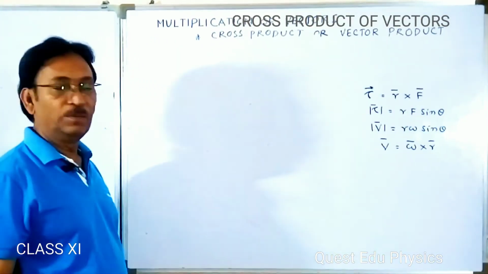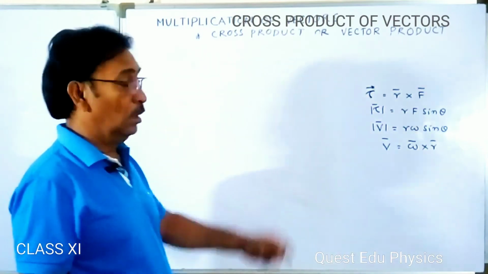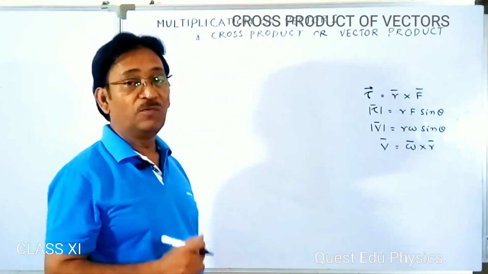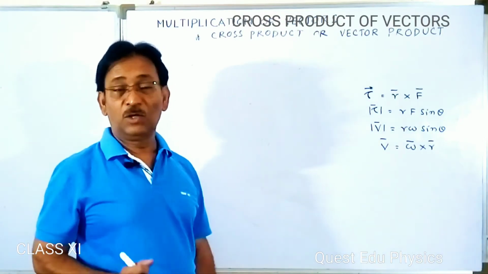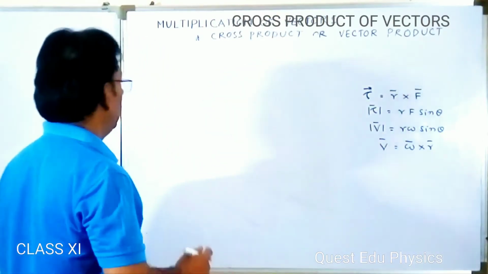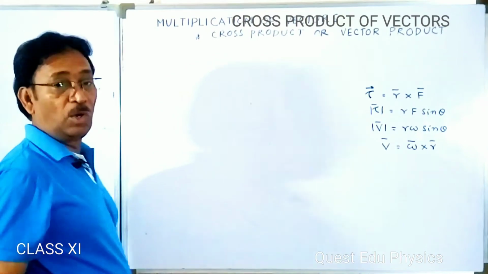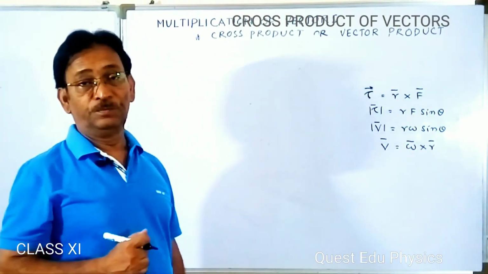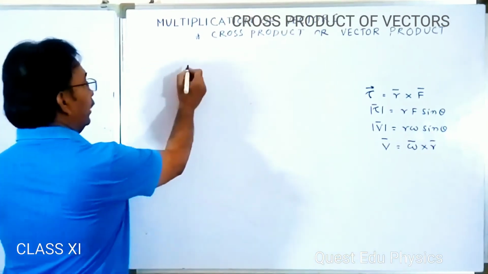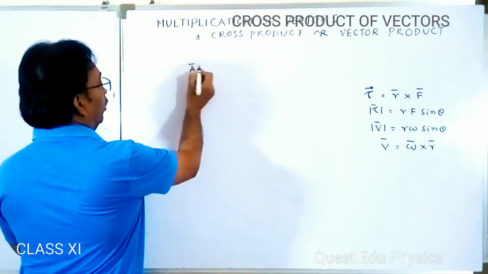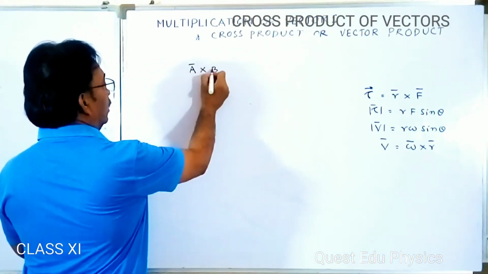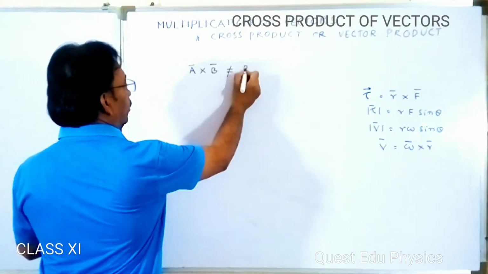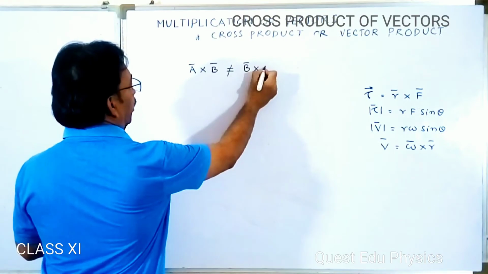Here's one more example of cross product. Then after we will take some properties of the vector product. The first property is that vector product of two vectors is anti-commutative. Here it can be represented like this: A bar cross B bar is not equal to B bar cross A bar.